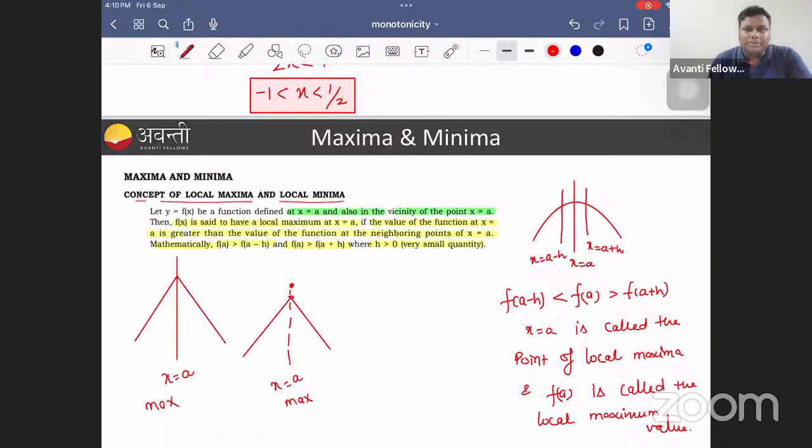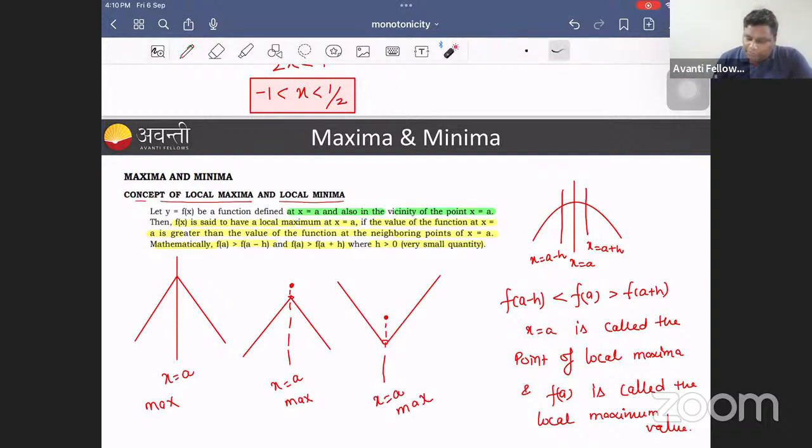And above all, if the graph of the function is like this, but this is the value at x equals a, even then x equals a is a point of maxima. Do you realize this?